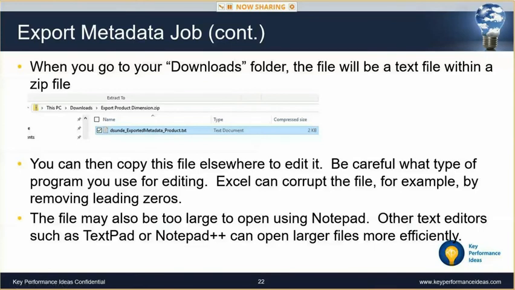For example, it will remove things like leading zeros. So if your metadata has leading zeros, you definitely do not want to use Excel. The file also could be too large to use with Notepad, depending on how many members you have. So some other text editors you could use are TextPad or Notepad++. They'll definitely open larger files a lot easier.